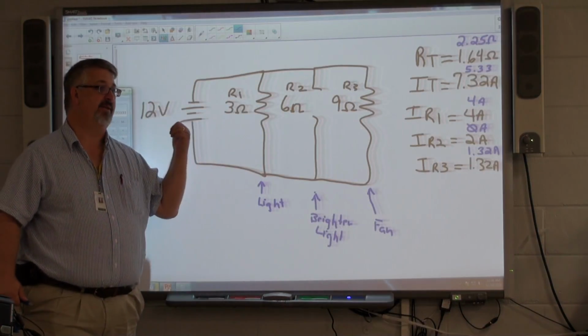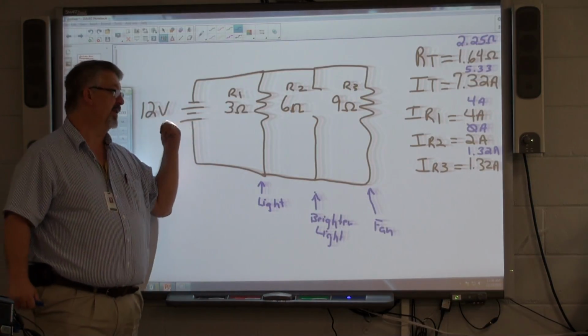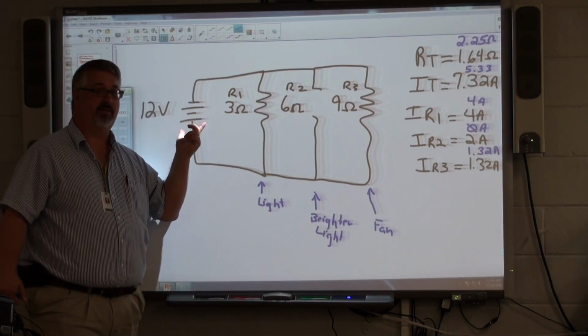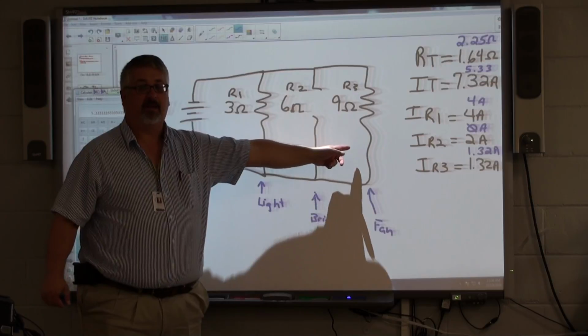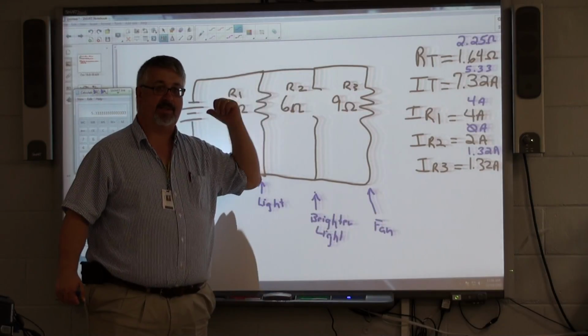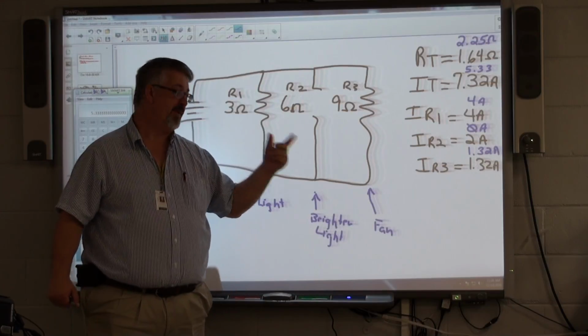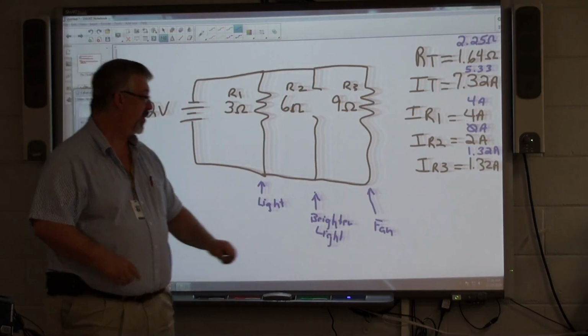It's not going to suddenly see any greater current because it's seeing the same voltage. It is what it is, which is a 3 ohm load. This fan, it's not going to change. It's seeing the same voltage. It's not going to suddenly speed up. It's going to draw the same amount of current.